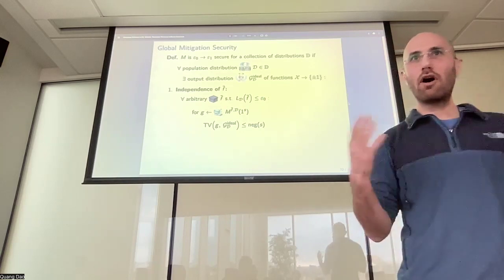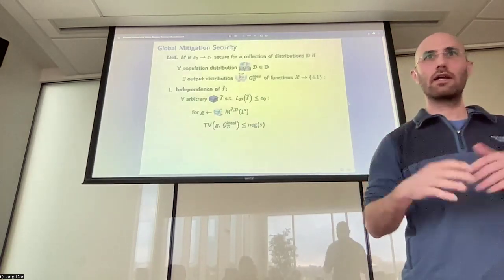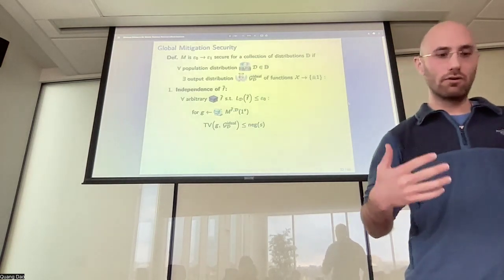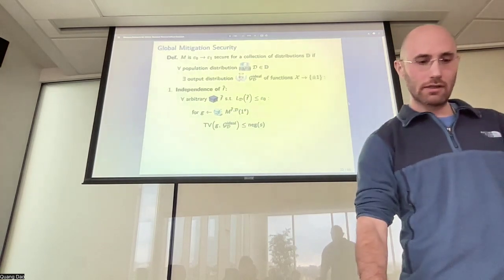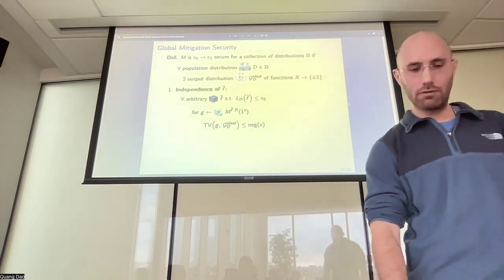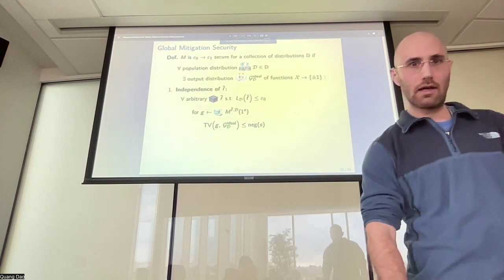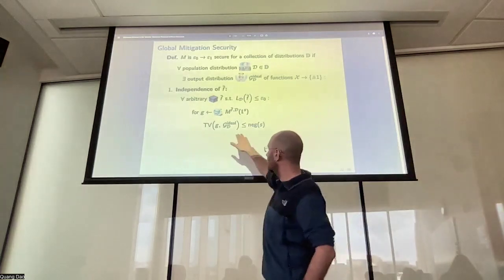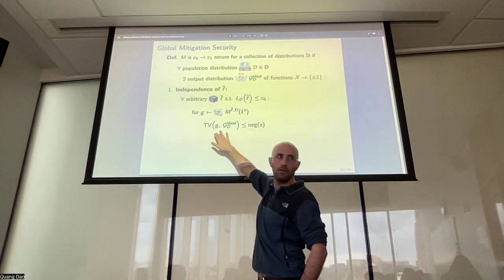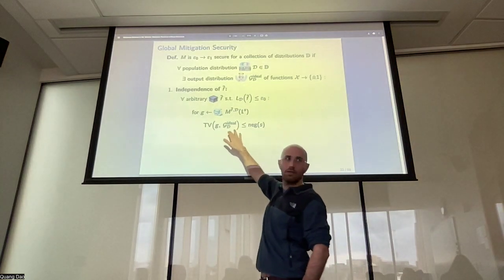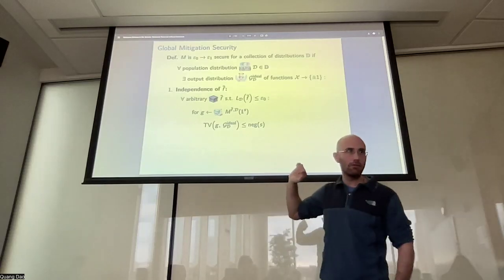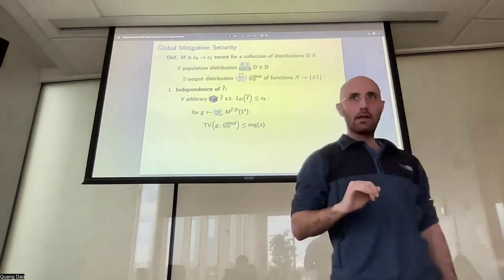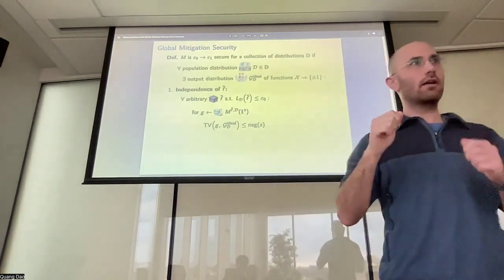It says that for every arbitrary f tilde, it doesn't matter how evil Eve was when choosing this function, as long as it has good performance on average, then when I run it through the mitigator, I get a function G that looks as if it came from G ideal. So the distribution of G is close in total variation distance, negligibly close, to the distribution G ideal defined by the IRS.